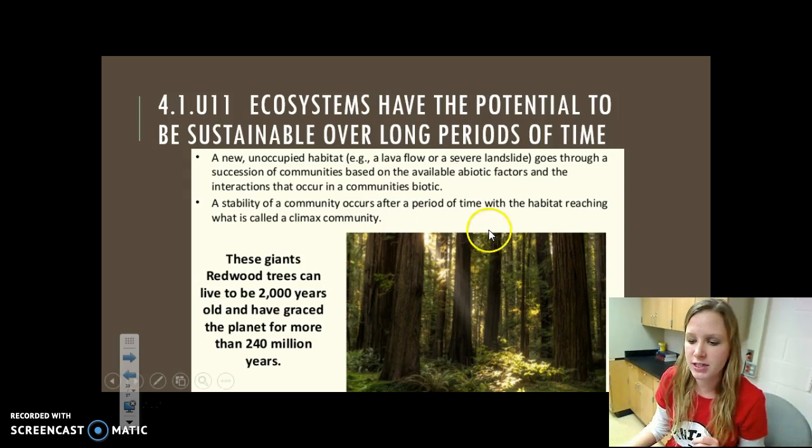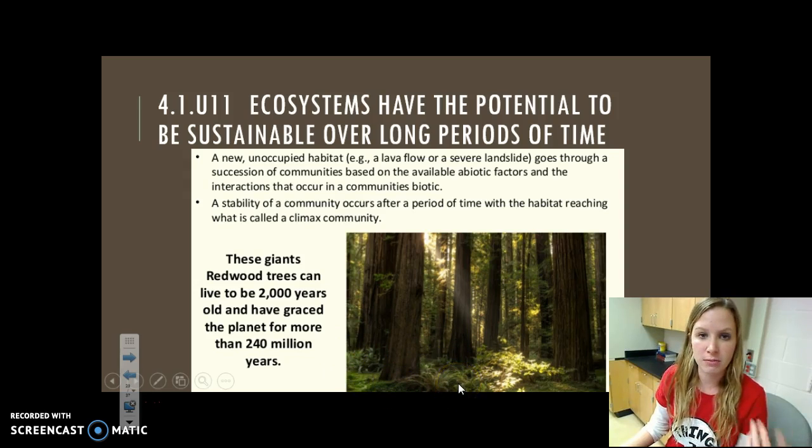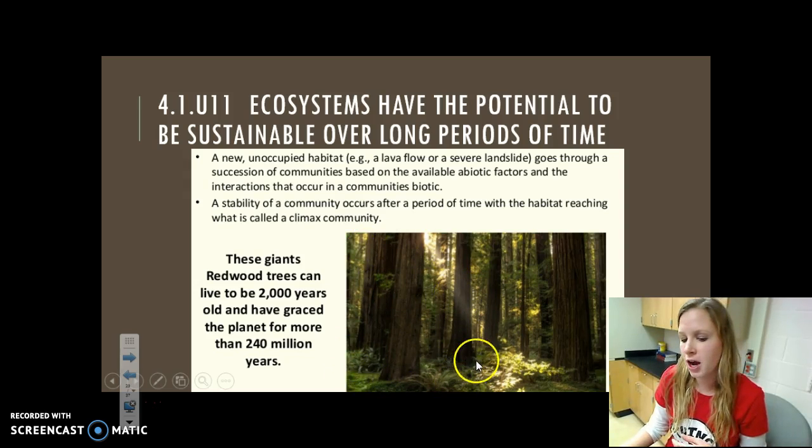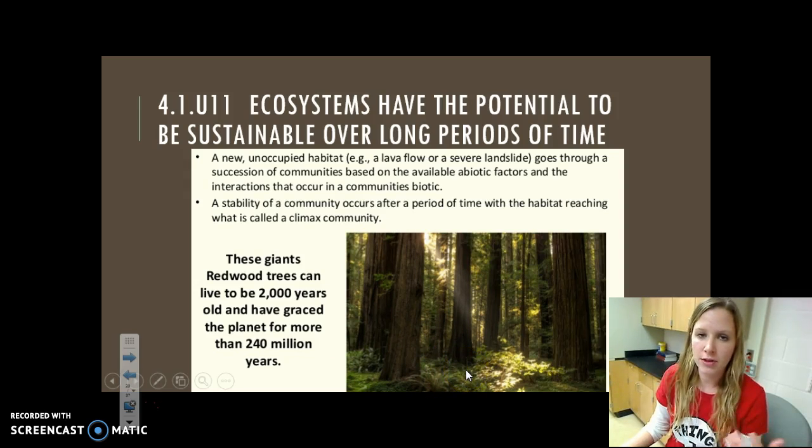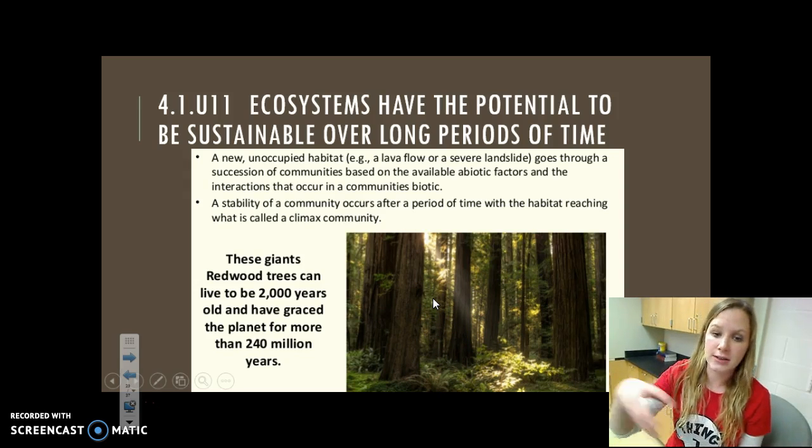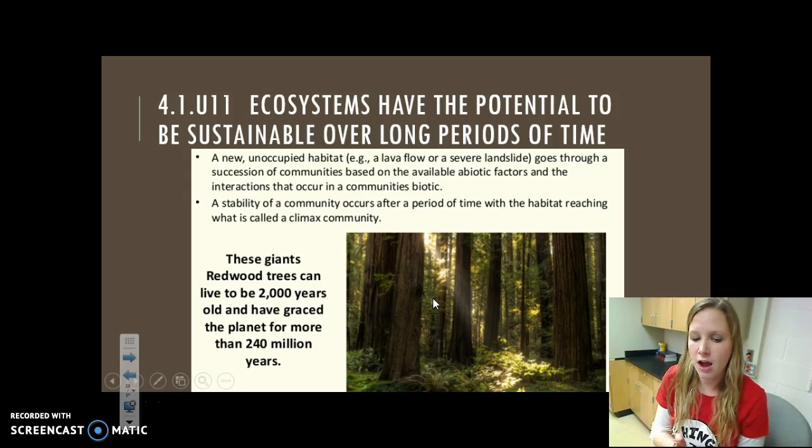And by the end, you get what we call a climax community, and that's the ideal. So here you can see really, really mature trees. You can see some ferns and small fauna down at the bottom. And we know that within those trees and small fauna, there's decomposers. So as branches break off or as things die, whether they're consumers or producers, those decomposers recycle the nutrients that allows the trees to grow, the grass to grow, then the deer to eat the grass, so on and so forth.